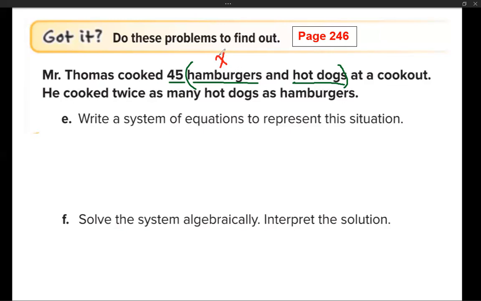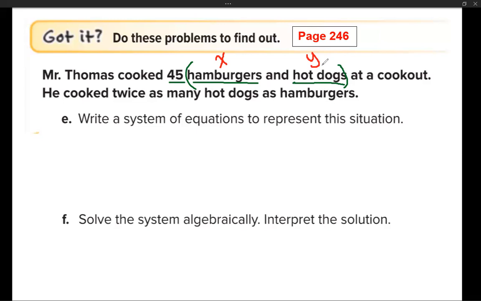Because we do not know what this number is. Okay, the number of hot dogs is also unknown. So we need another variable here. We need to assign a variable for the hot dogs. So let's take the variable y. y represents the number of hot dogs. It is unknown. That's why we represent it as a variable, which is y.